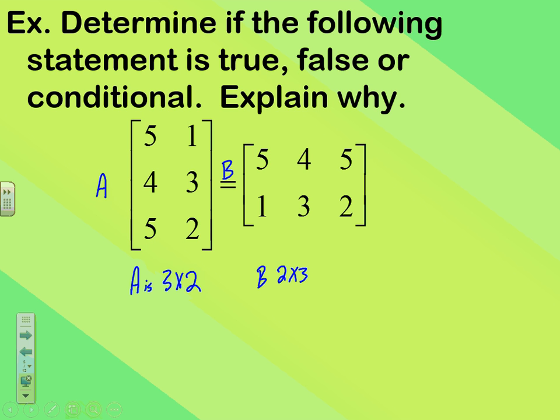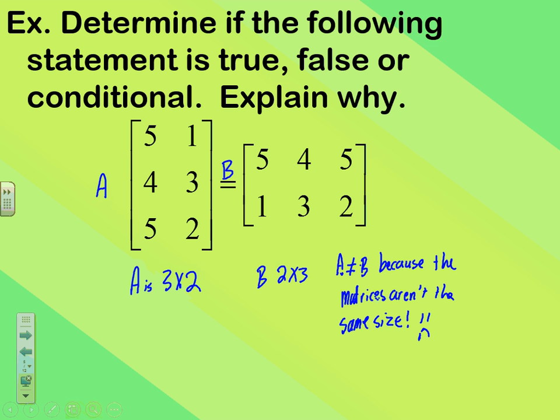So not only would matrix A not be equal to matrix B because the elements don't match up, but we could also say that A is not equal to B if they're not even the same size. There's no way that they can be considered the same matrix.